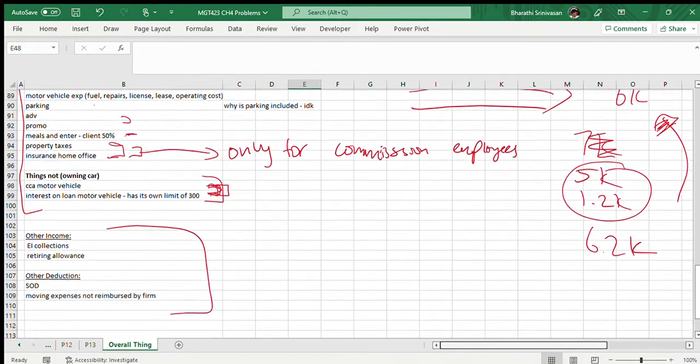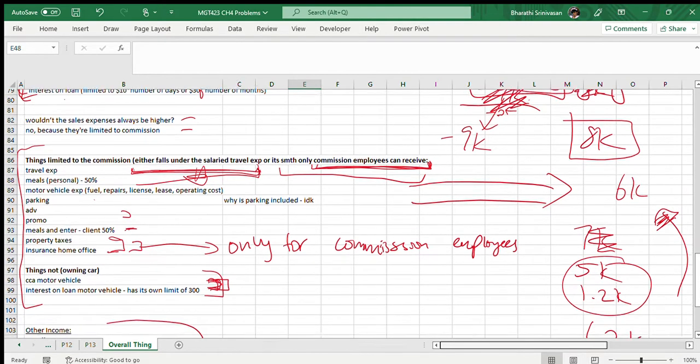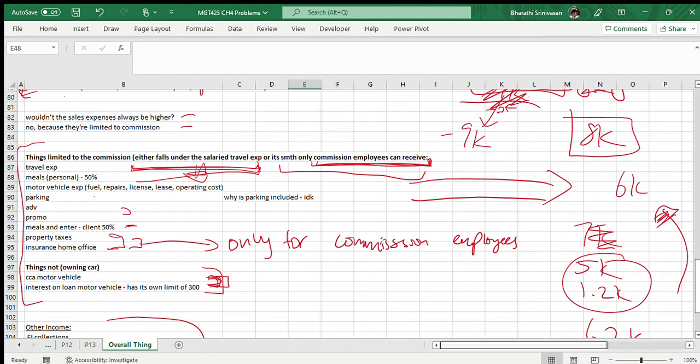I don't really know why. I think it's just to show that this is sort of special to the commission people. So it's stuff that salaried people can get, plus anything that only commission people can get. If you think about it, I guess it sort of makes sense-ish. But yeah, some things that aren't limited to the commission are the CCA on the motor vehicle and the interest on the motor vehicle loan.